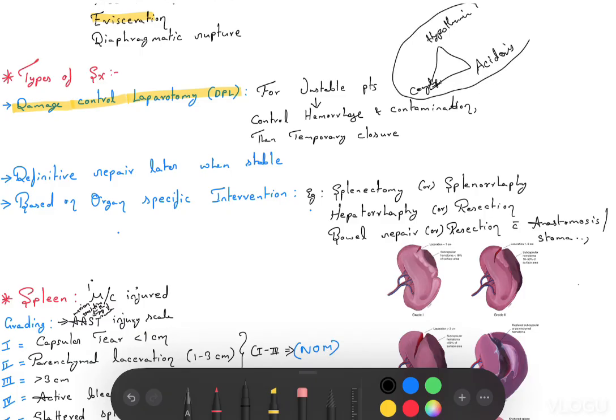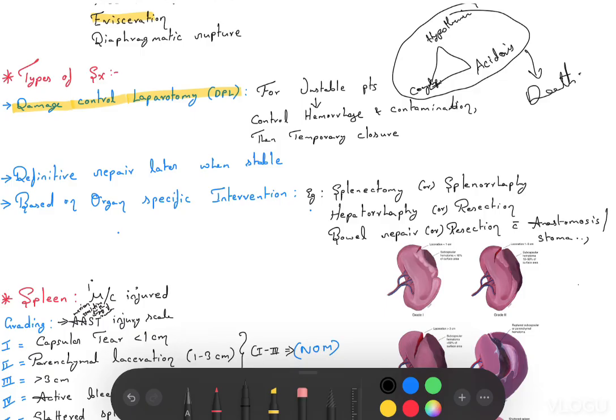These three things lead to patient death. So that's why we do damage control, to prevent hypothermia, acidosis, coagulopathy and death. Instead of definitive surgery, we have to control damage first.